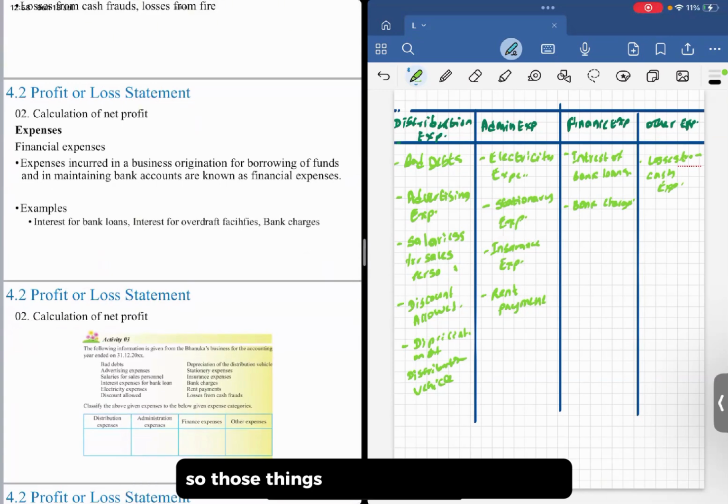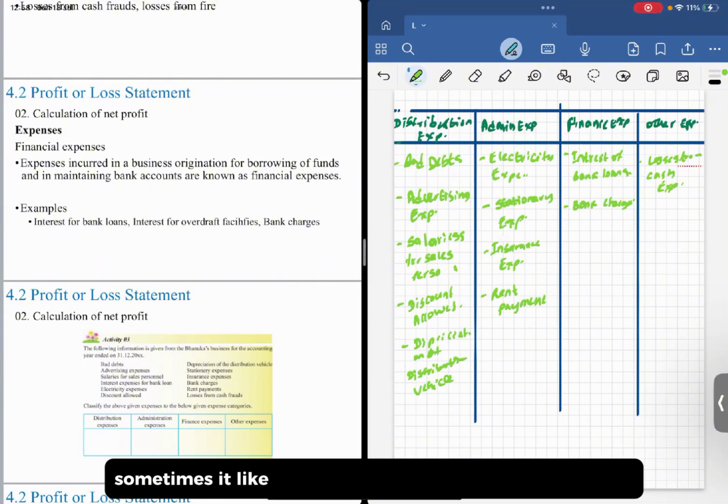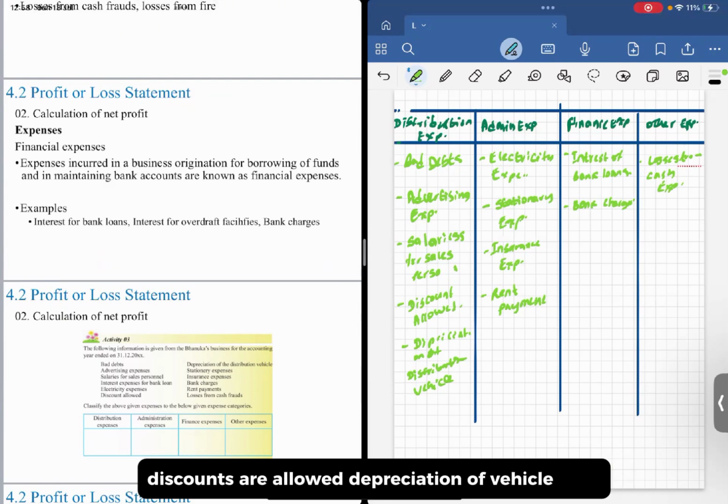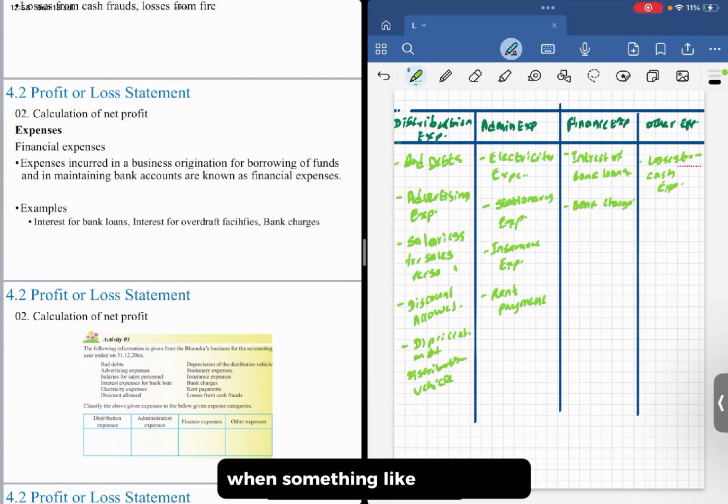So those things we will have to remember, because it might not be very straightforward. Sometimes it is like bad debts: which expense category? Discounts allowed. Depreciation of vehicle. When something like that comes, you need to remember.